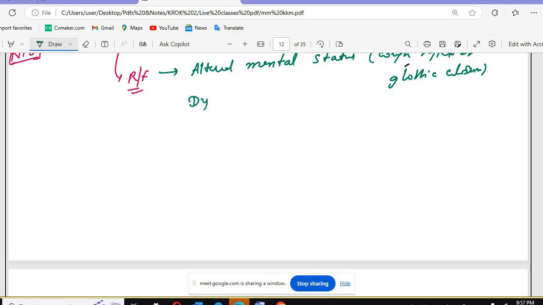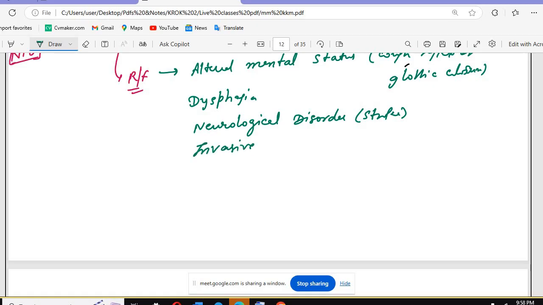The patient with dysphagia, the patient with neurological disorders like stroke, seizures. Then we can have an invasive tube as well, the nasogastric tube, that can also cause aspiration pneumonia.